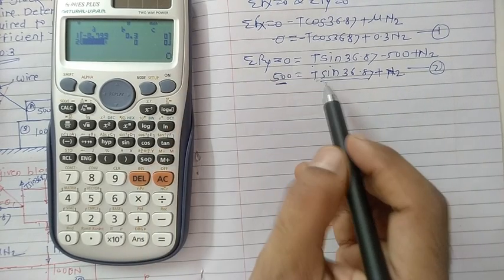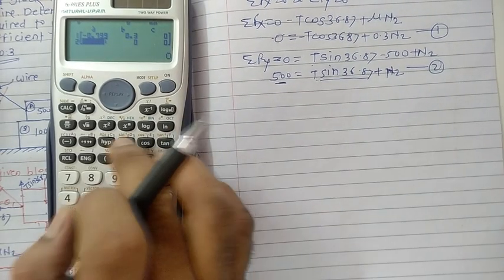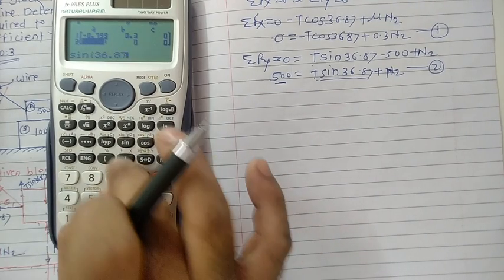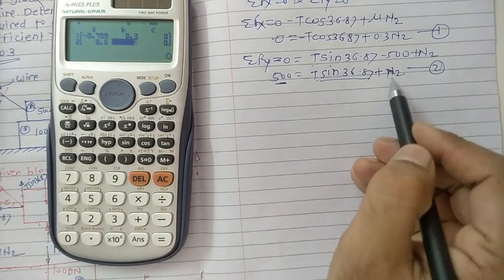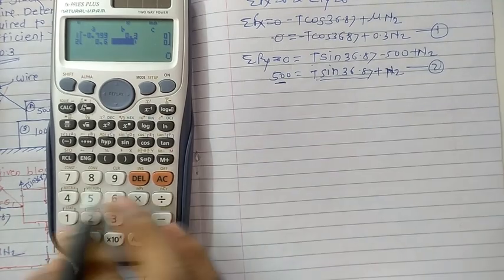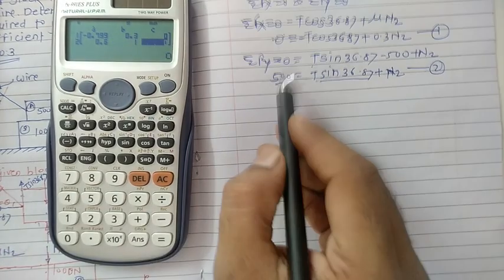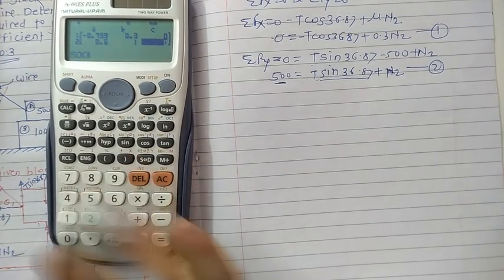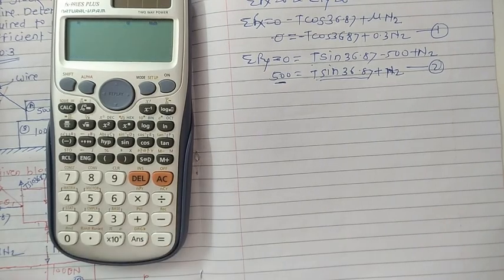So the coefficient of the first term with us is sine of 36.87, press equal. The coefficient of the N2 term with us is 1, so substitute 1 here. Then the constant term with us is 500, substitute it here, press equal, and again press equal.